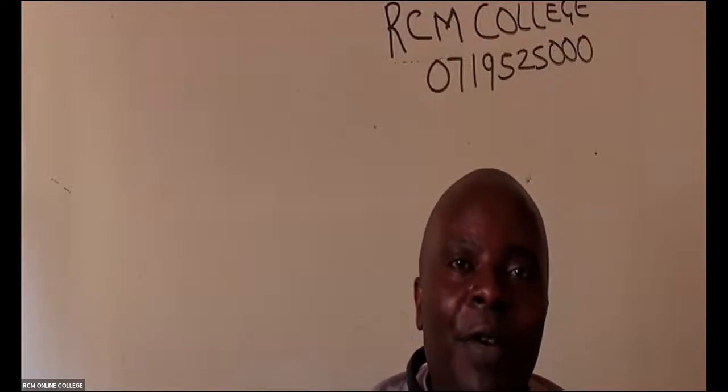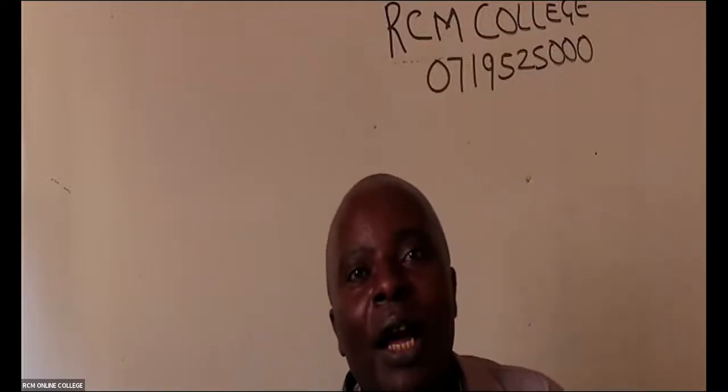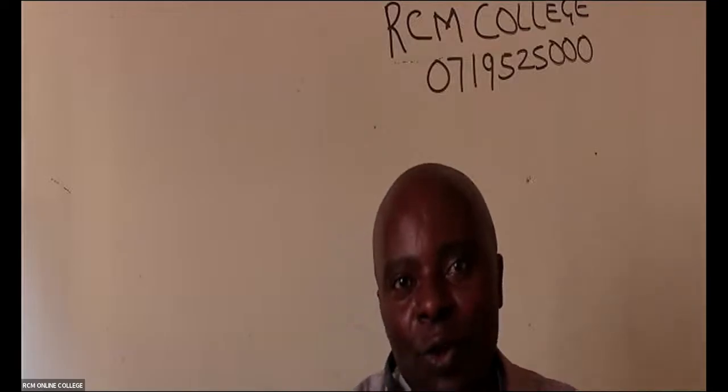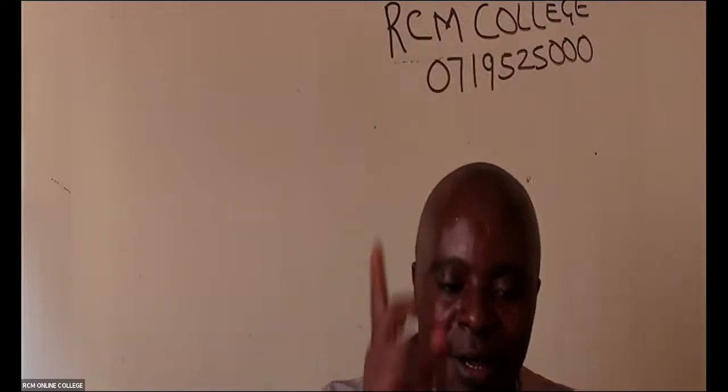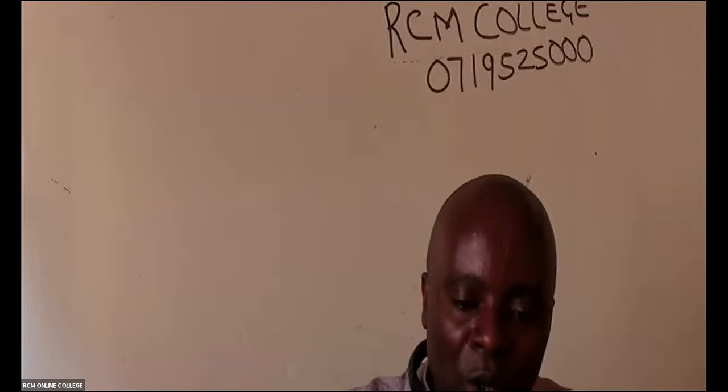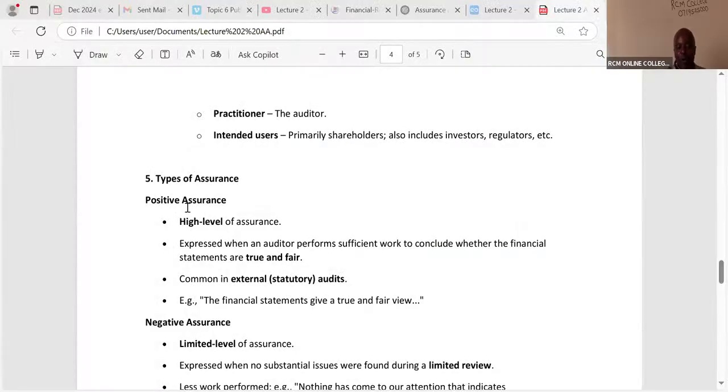So basically, whenever it comes to assurance, we shall have 2 types of assurances. We have positive and what we call negative. I'll come back to reasonable later, but we have what we call positive assurance, and then we have what we call negative assurance.